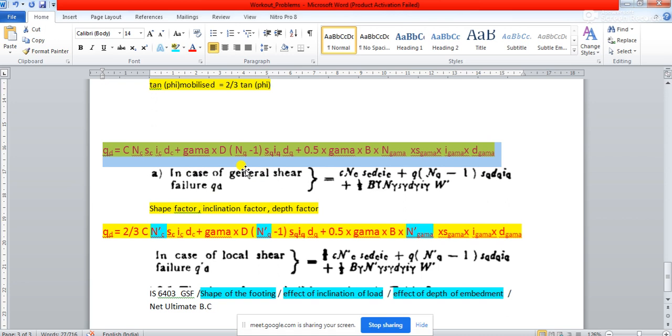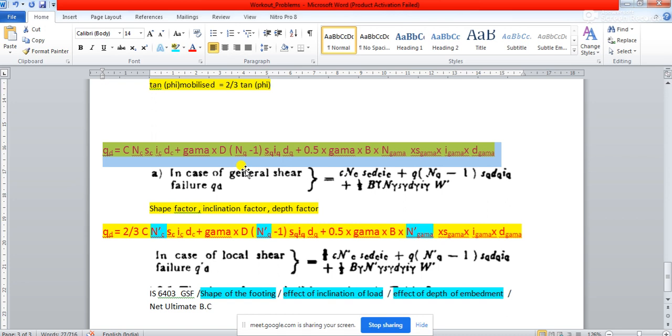You can apply it for strip footing, rectangular footing, square footing, circular footing. You can apply it when the load is acting vertically on the footing, or whether the load is acting at an inclined level on the footing. You can apply this formula when the footing is at 1 meter depth, 2 meter depth, 3 meter depth.